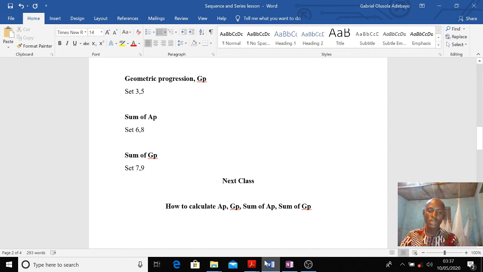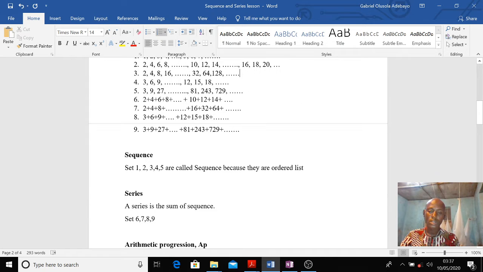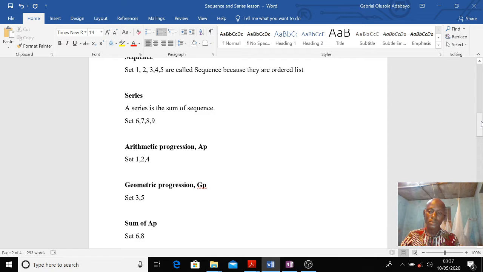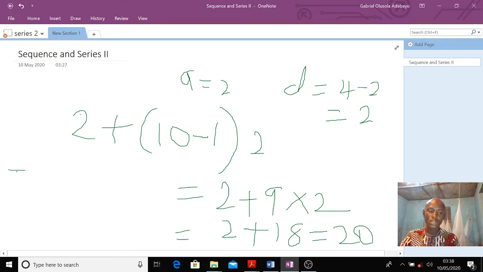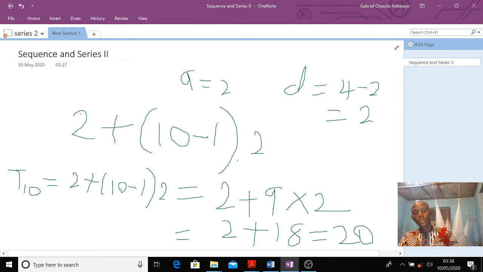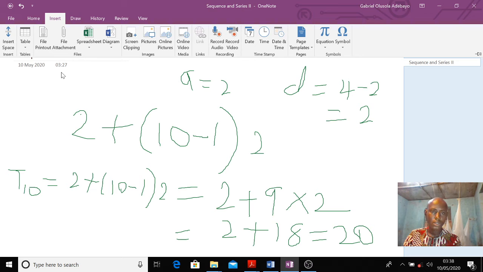So when we now use this formula, a plus n minus 1 d, that will give us T10 is equal to 2 plus 10 minus 1 times 2.